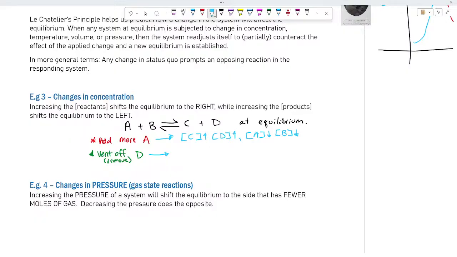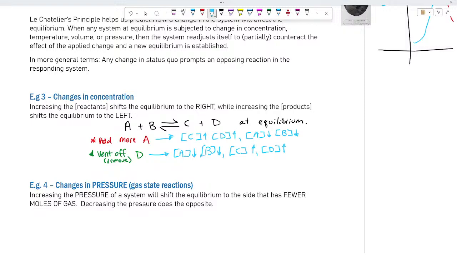What's going to happen? As we take D away, A is actually going to start getting used up. B is going to start getting used up. If A and B are getting used up, C will go up, and the concentration of D will go up, right?